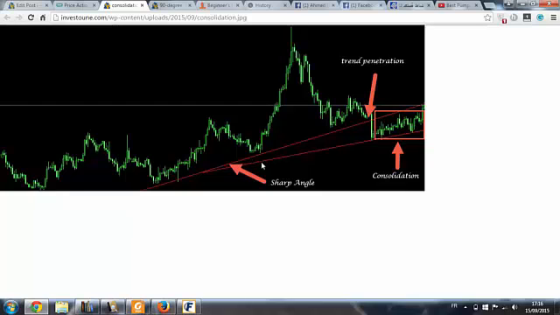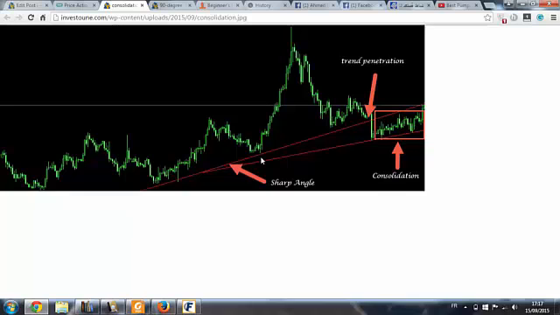This is a sharp angle. We have an uptrend and we have a new little uptrend that constructs a sharp angle. So this is a consolidation, and we cannot say that the trend will reverse its direction from a downtrend to an uptrend.